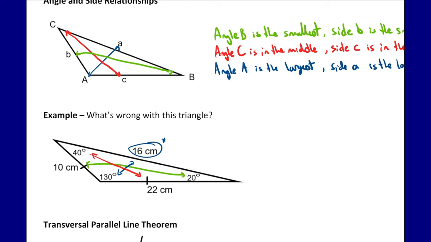You might also notice this dash is not the same as this one, so those two sides aren't the same, so there's an issue there. Another issue is that all the angles don't add up to 180.